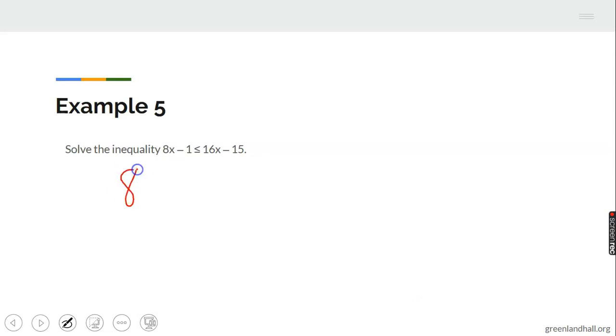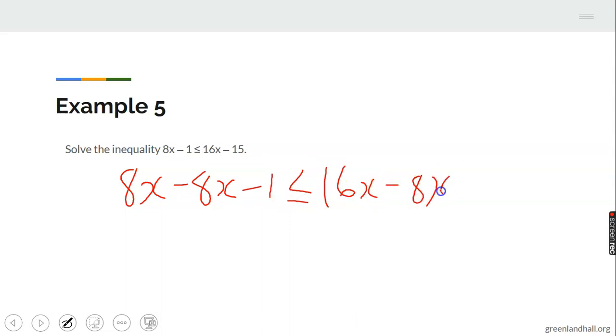So that would be 8x minus 8x minus 1 less than or equal to 16x minus 8x minus 15. And this will give me minus 1 less than or equal to 8x minus 15.